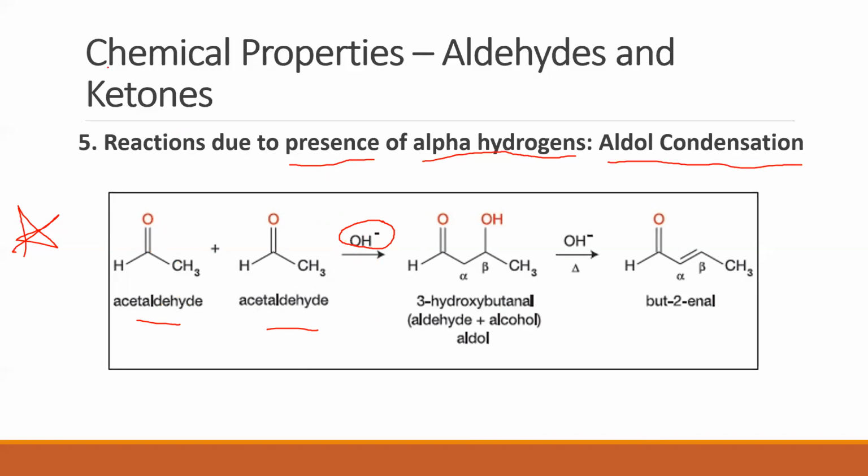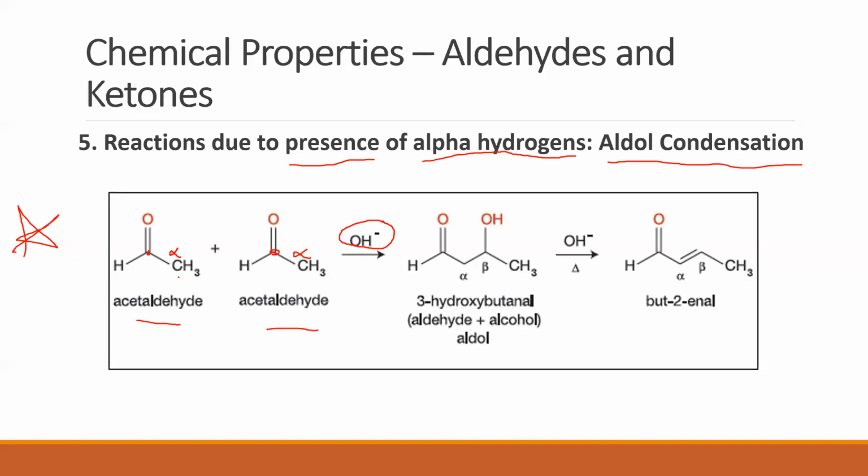Now, this is the carbonyl carbon. So this is my carbonyl carbon. To the carbonyl carbon, I have a carbon attached. So naturally, yes, this is the alpha carbon. Do I have a carbon attached to the carbonyl carbon? Yes, I do. So this is the alpha carbon.